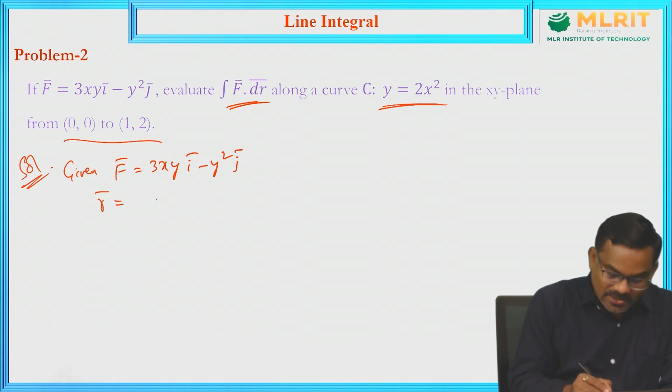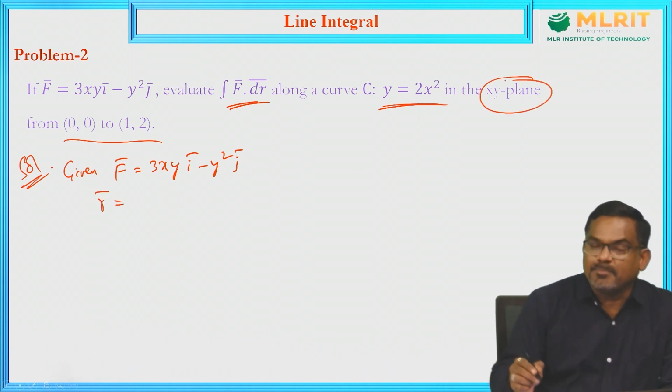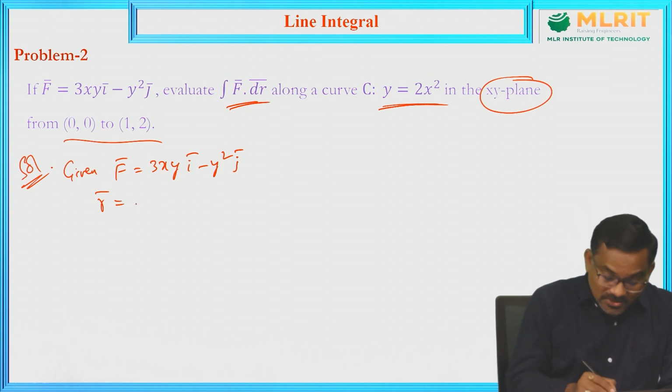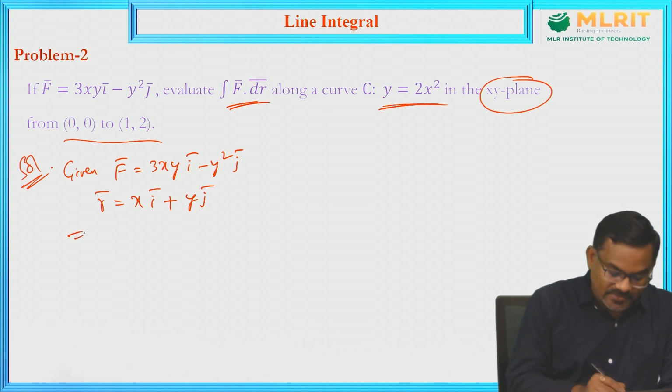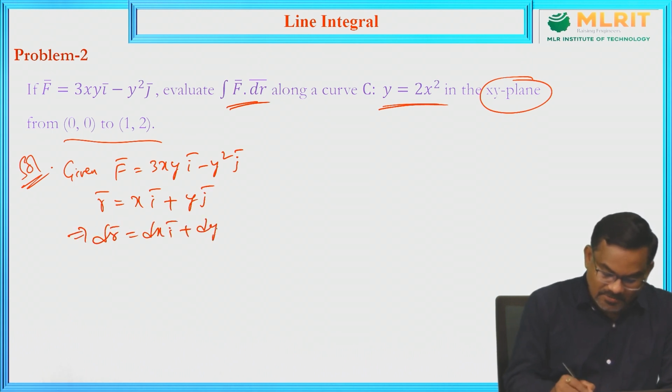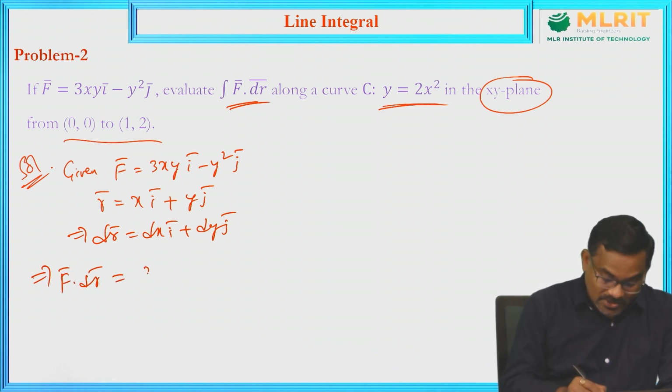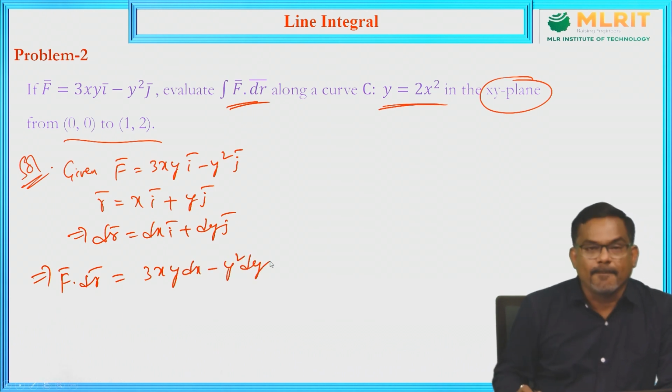It is given in the xy plane, so the value of z is 0. Therefore, we consider the position vector r bar as x i bar plus y j bar only. That implies dr bar is dx i bar plus dy j bar. And now, F bar dot dr bar, the dot product between these two, is 3xy dx minus y square dy.